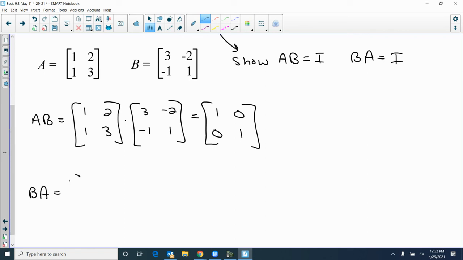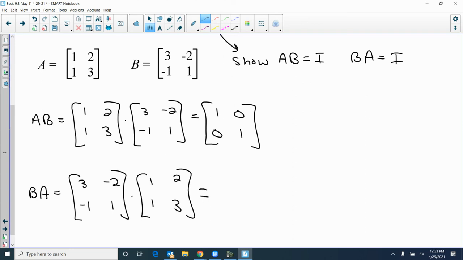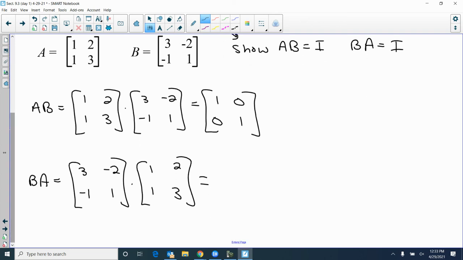B times A. All right, flip the order. 3, negative 2, negative 1, 1, times 1, 2. Okay, so when I multiply those together, I get 3 times 1 is 3, plus negative 2 is 1.